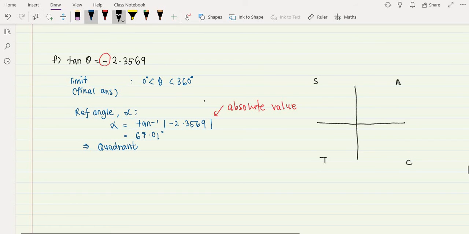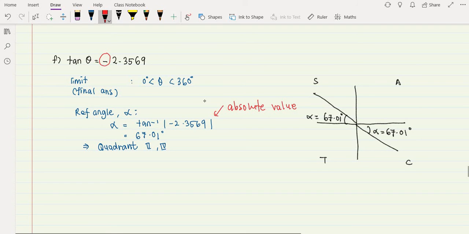So for this specific question, our alpha will be in the second and the fourth quadrant, because tangent must be negative. We draw our angle in the second and fourth quadrant, and don't forget to label our alpha, 67.01 degrees.